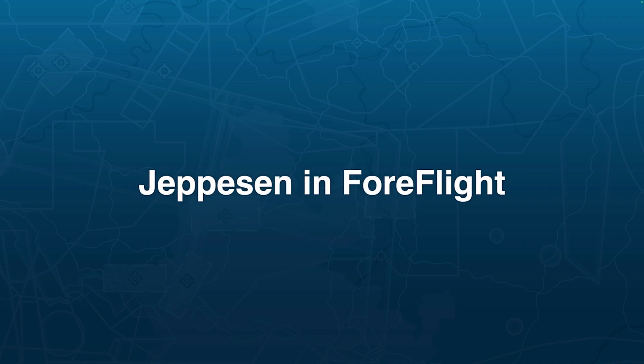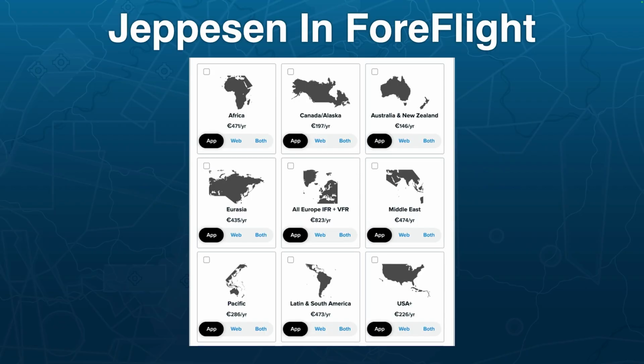Also here we offer Jeppesen charts as a good addition to the ForeFlight subscription. You can buy the Jeppesen charts via the ForeFlight buying page as an add-on to your app, sorry, or as a Jeppesen chart for depiction in your browser in your web.